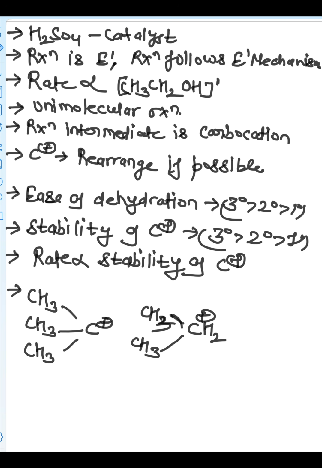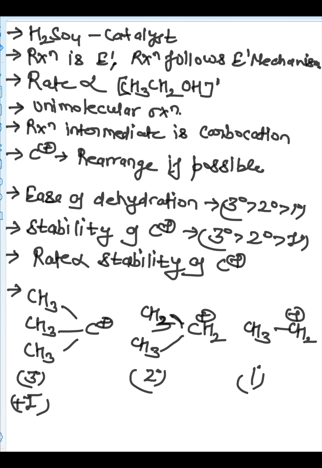This is 2 degree. This is 1 degree. 3 degree carbocation, 2 degree carbocation, 1 degree carbocation. Now the stability, as you know, CH3 is a plus I group, so it will donate electrons, that is, it is an electron releasing group.